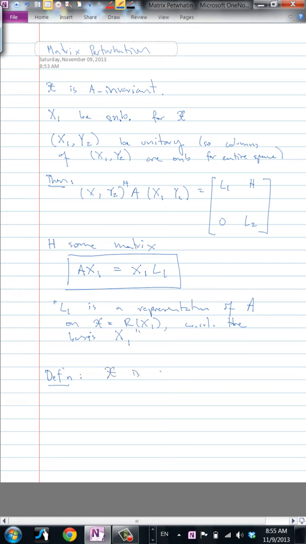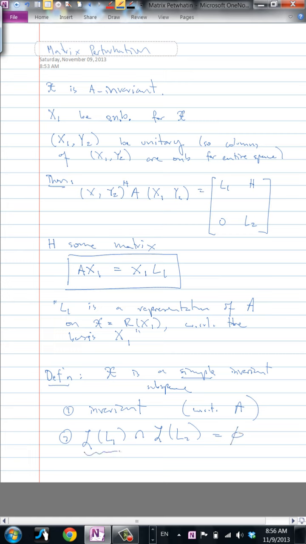So X is a simple invariant subspace if, first of all, it's invariant, and again, this is all in reference to some matrix, some linear operator, and if the spectrum of L1 and the spectrum of L2 are disjoint. By this notation, I mean the eigenvalues of L1.